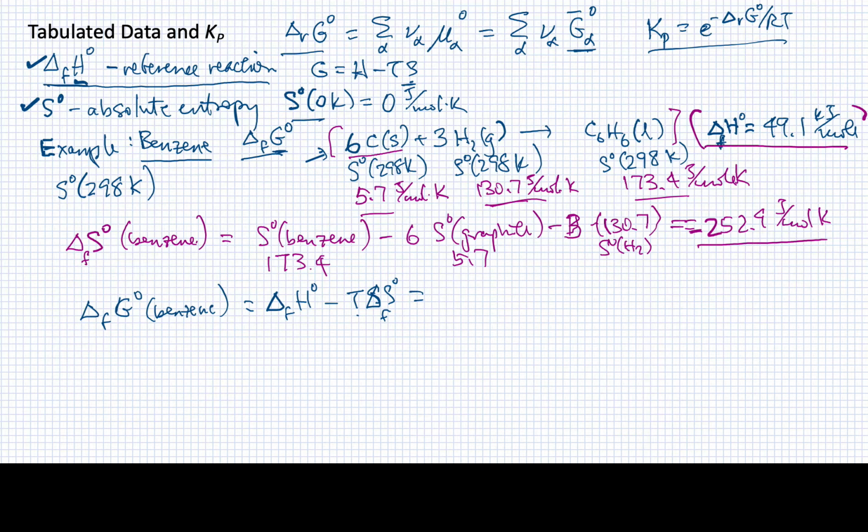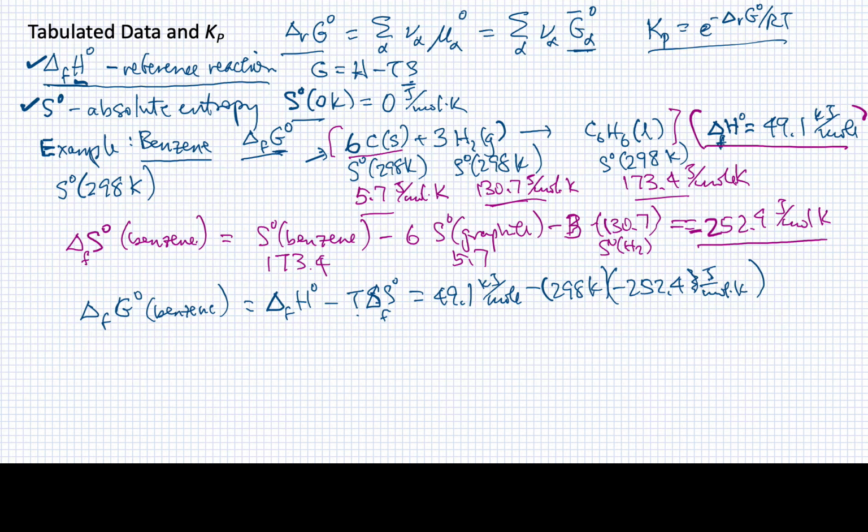So I'll have that this is equal to 49.1 kilojoules per mole minus 298 Kelvin times negative 252.4 joules per mole Kelvin. Actually, I should have had the parentheses on the outside there.